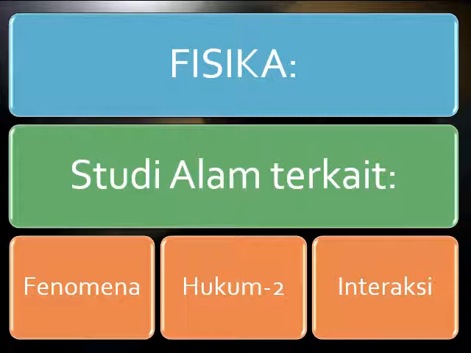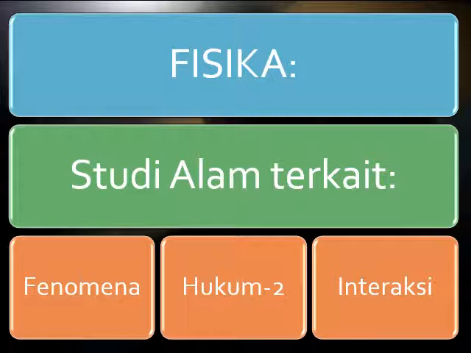So by using physics, we can understand the phenomena, the natural laws, like Newton's laws 1, 2, and 3, and some interactions between objects, matters or particles and the surroundings, the environment. It could be heat, electric, or magnetic field, a lot of kinds of interaction.